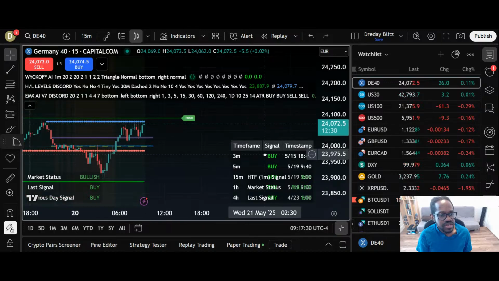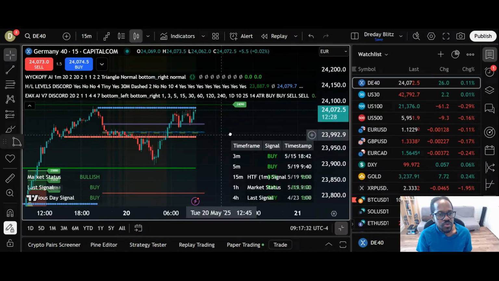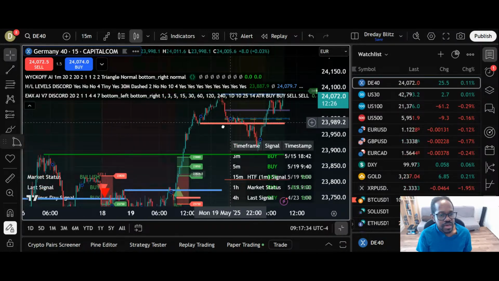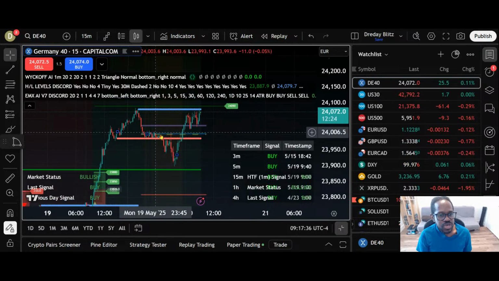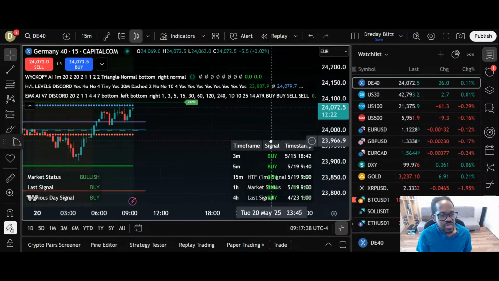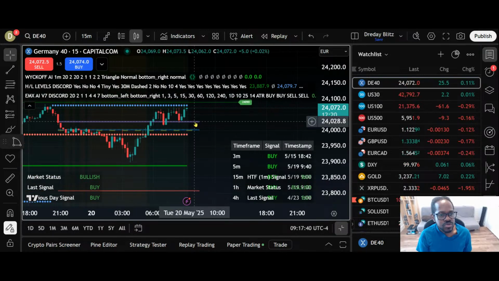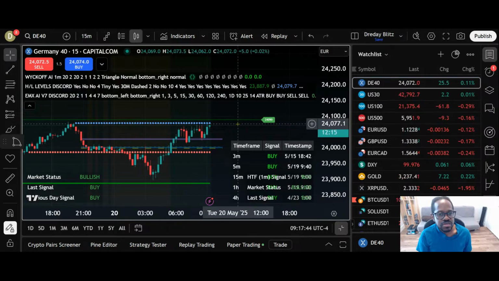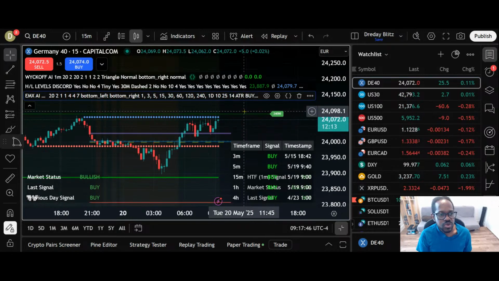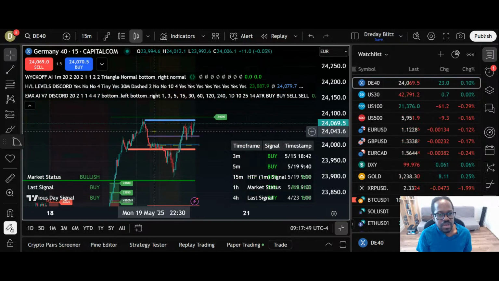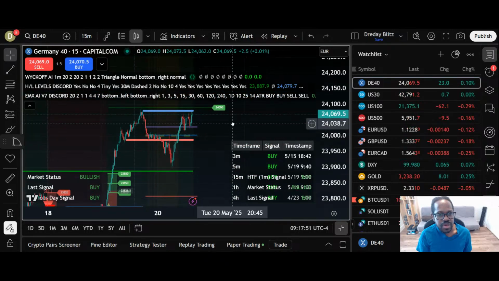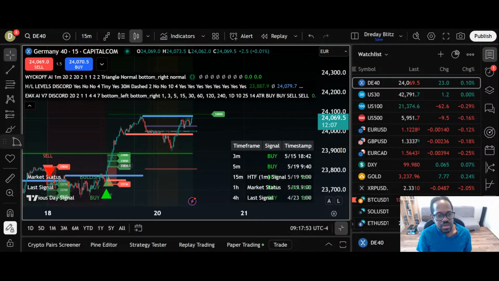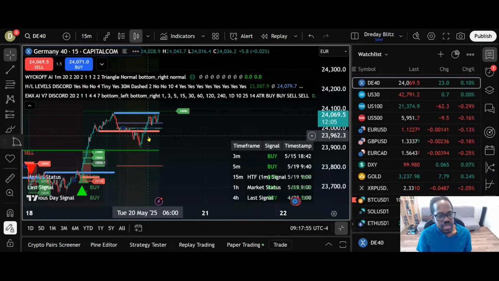As you could see, we were waiting for a sell, and it retraced towards a level here, almost retraced back to the previous resistance. So we'll see exactly if the resistance will hold up. If so, we should start to have a melt in on the German 40.